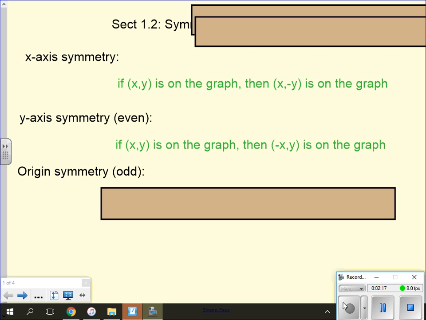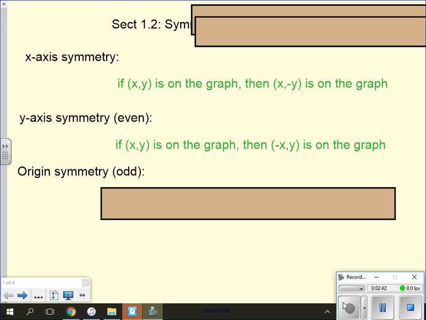Polynomials where the exponents are all even will have y-axis symmetry. That's why it's an even function. Other things other than polynomials can be even. But if you have a polynomial and all of the exponents are even, then it is an even function and it has y-axis symmetry.